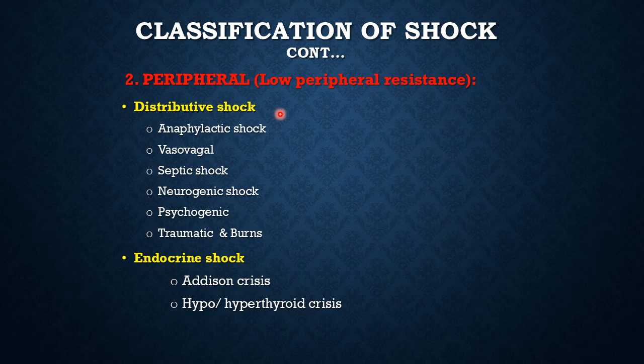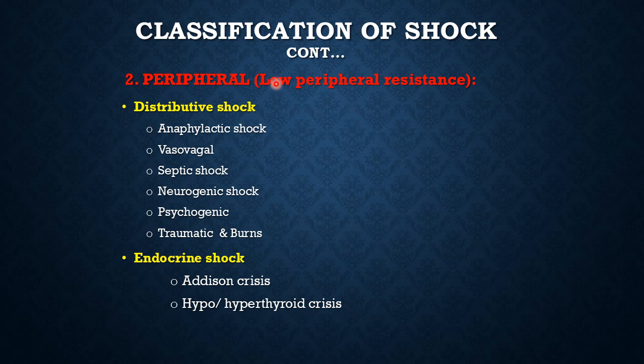However, the fluids are redistributed within the body out of the intravascular compartment to the extracellular compartment, and this sudden shifting of the blood volume from inside the blood vessels to outside the blood vessels into the intercellular space is seen in anaphylactic shock, vasovagal, septic, neurogenic, psychogenic, traumatic, and burn shock.